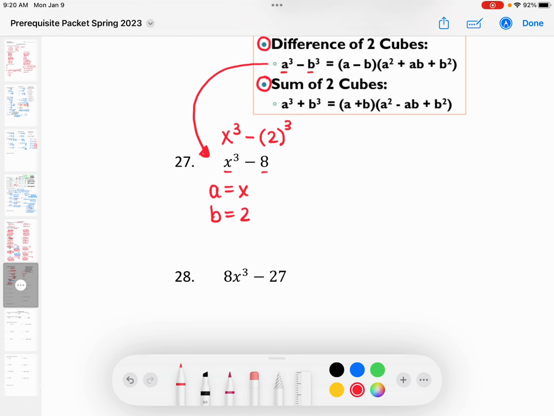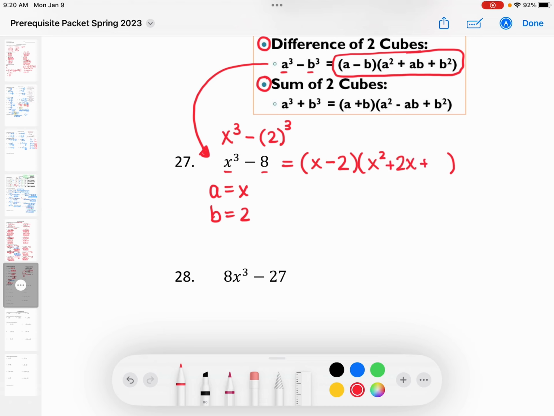And once you can identify what the a and the b are, you are literally just going to use this formula to factor it. So the formula says I'm going to have 2 factors. The first one is going to be the a minus the b, and the second one is going to be the a squared plus the a and b multiplied plus the b squared.